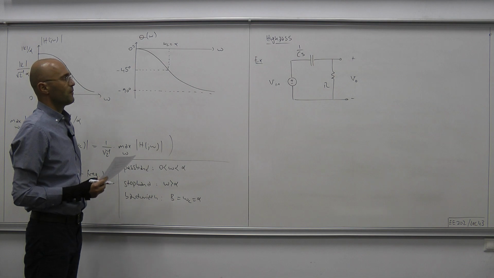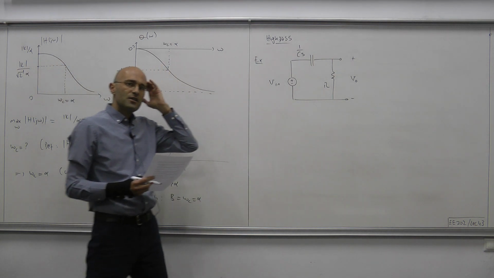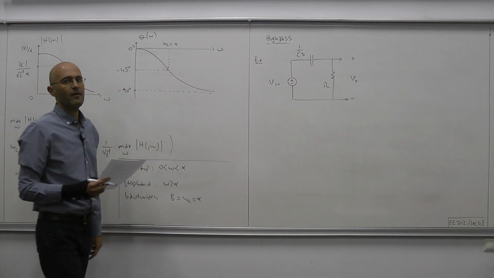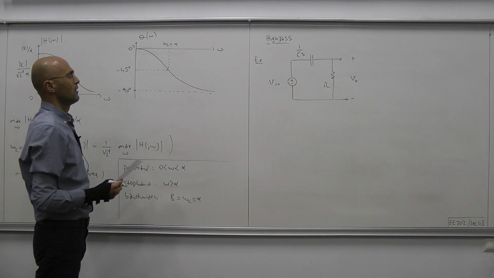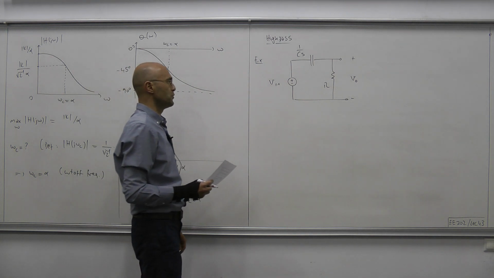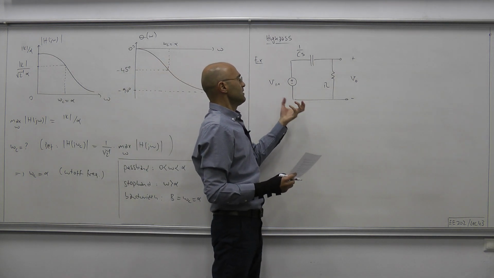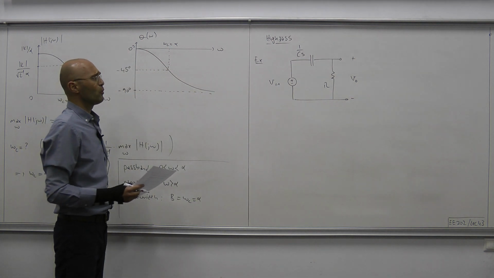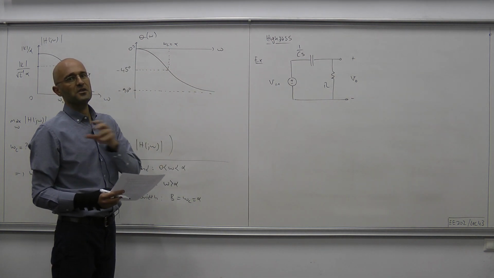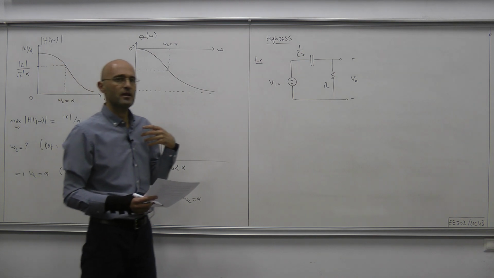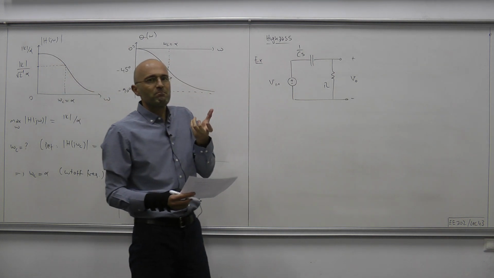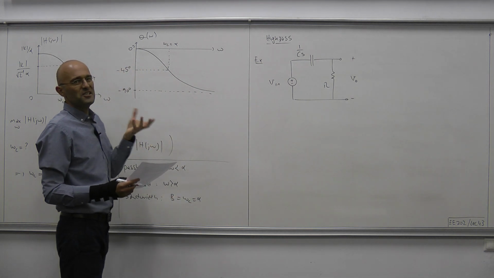Okay. Now, before obtaining the transfer function, let's try to figure out the type of gain characteristics that circuit will produce. Again, because this is a very simple circuit, all we have to do is see what happens at very low frequencies and what happens at very high frequencies. Now, the low frequencies can be studied through the DC steady state.